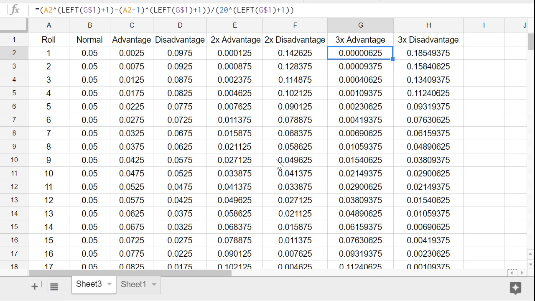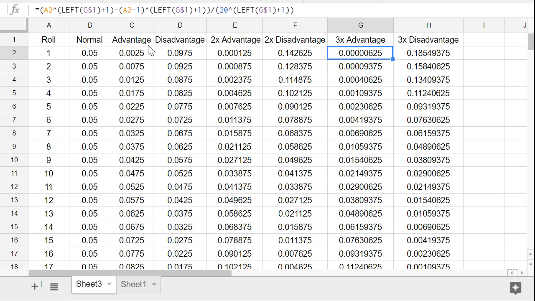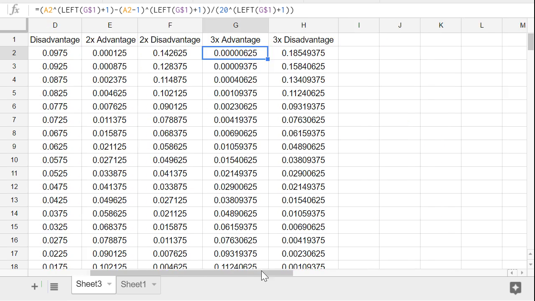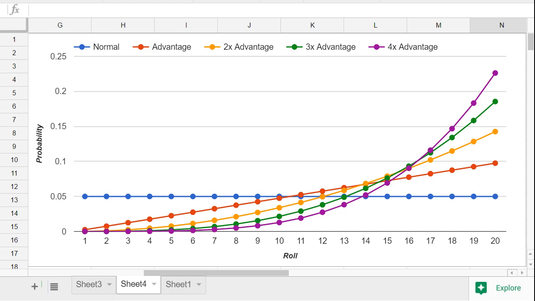And what would be nice at this point would be to look at a picture of exactly how it changes as you go from single advantage to double to triple, etc. So I'll put that together right now. So here's the graph I plotted.